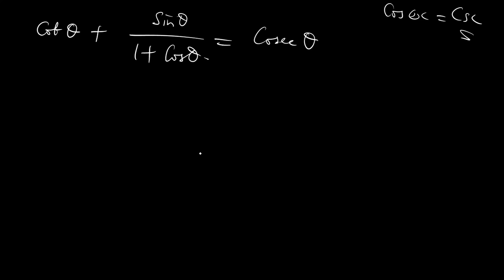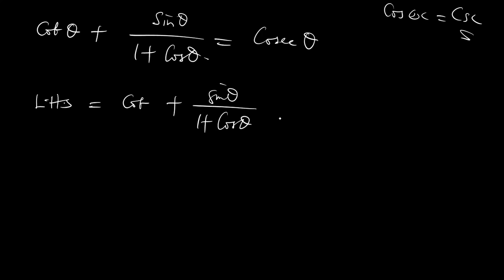So that is it. Now let's begin. Let's work with the left hand side. The left hand side of the equation is cot theta plus sine theta divided by 1 plus cos theta.